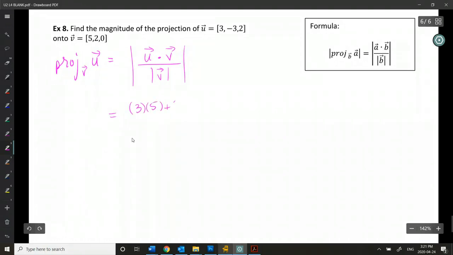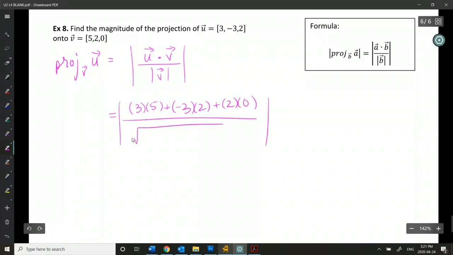So in order to find the dot product here, I'm just taking the x components and multiplying, the y components and multiplying, and the z components and multiplying. And then I want to divide this by the magnitude of vector v, which will be each component squared and added together, and then take the square root of that.